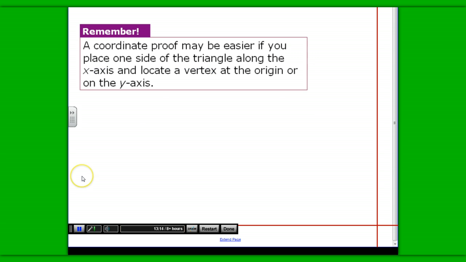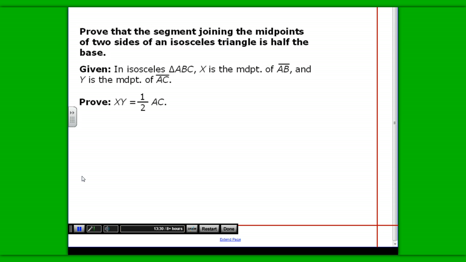Okay? Remember, a coordinate proof may be easier if you place one side of the triangle along the x-axis and locate a vertex at the origin or somewhere on the y-axis. So we're asked now to prove that the segment joining the midpoints of two sides of an isosceles triangle is half the base.